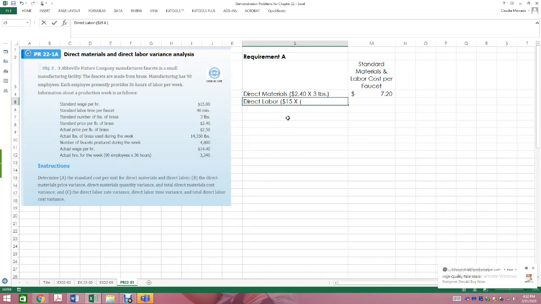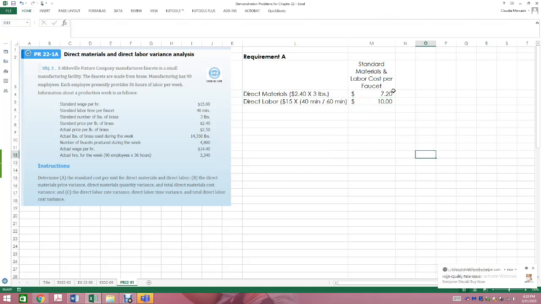It's $15 per hour, and it's taking me 40 minutes to manufacture one faucet. So I am going to have to do 40 minutes divided by 60 minutes so I can get my correct amount. So I'm going to do 15 times 40 divided by 60 minutes. That's going to be $10.